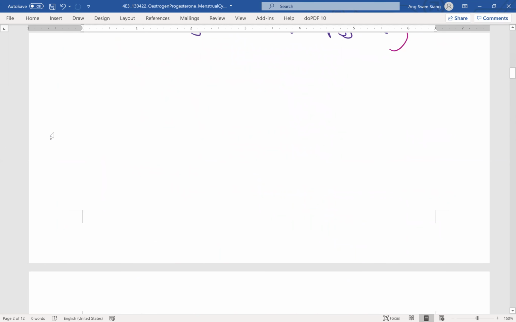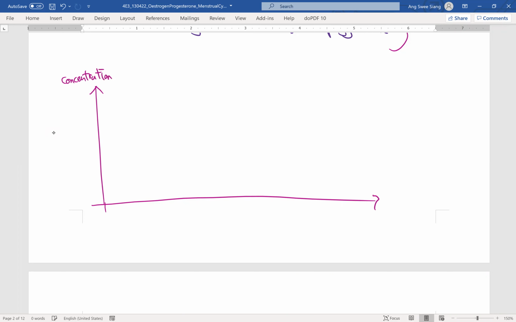The only thing that I want to go through now is the graph that I'm talking about. The y-axis will be the hormone level, or concentration of hormones in blood. The x-axis will be the day.